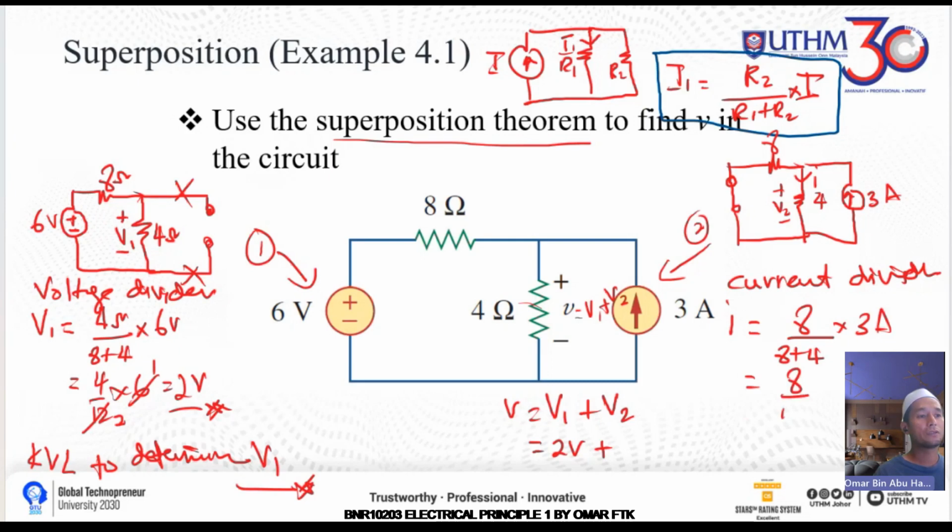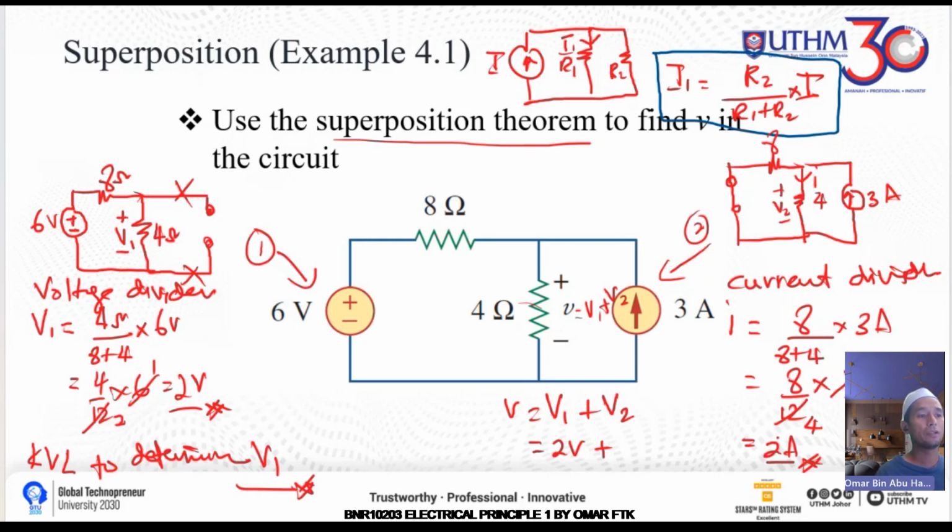So 8 over 12 times 3. This one will be 1, this one is 4. 8 over 4 is 2 ampere. Okay, you get 2 ampere, but you don't want the current here.